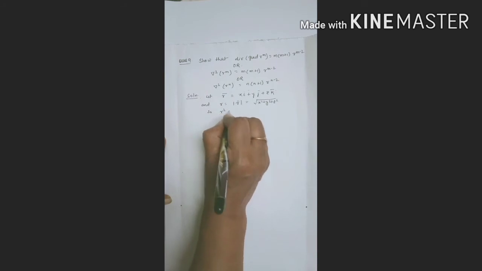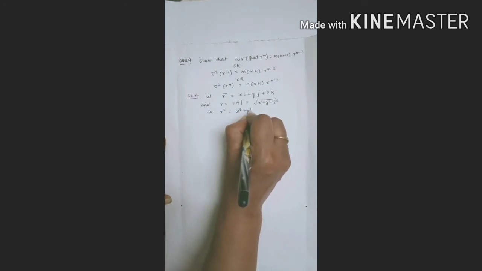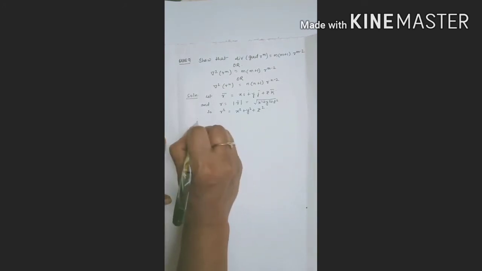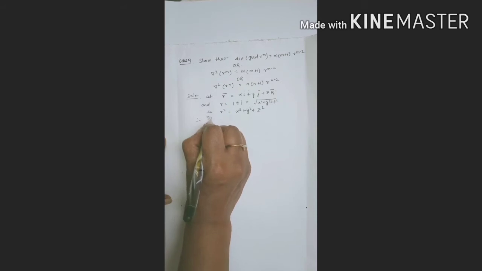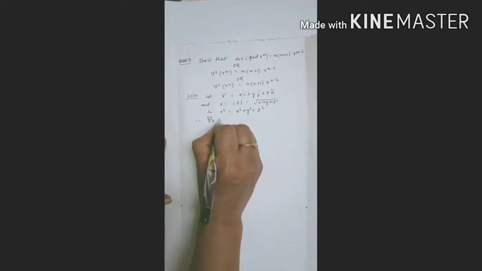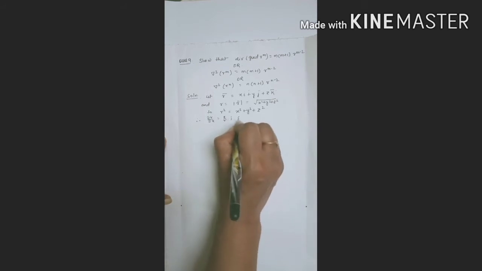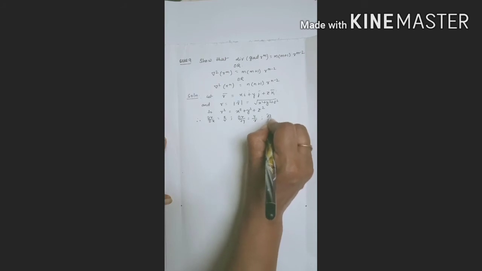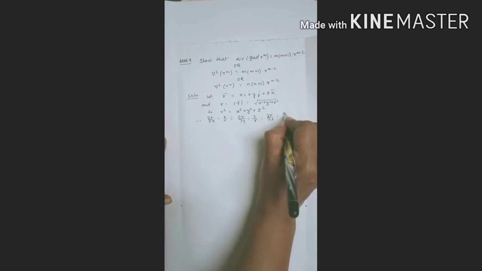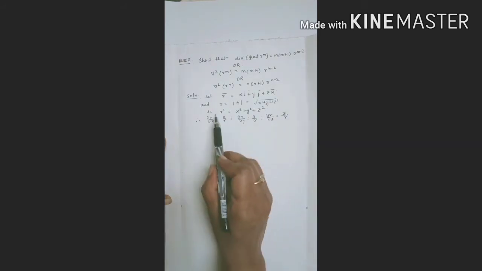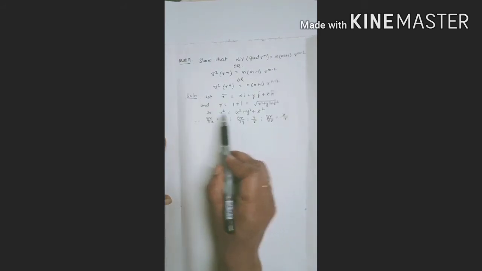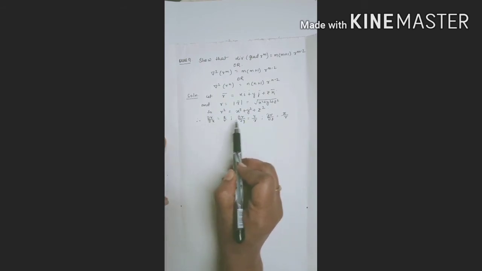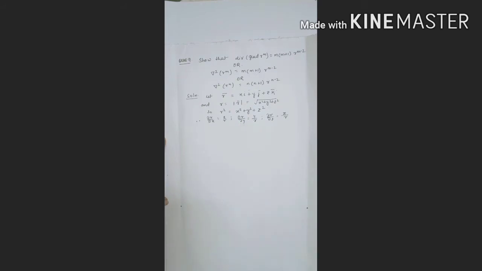So you have r square is nothing but x square plus y square plus z square, and therefore you have del r by del x is equal to x by r, del r by del y will be y by r, and del r by del z will be z over r, right? 2r del r by del x will be 2x. So 2 and 2 will be cancelled, and you will have del r by del x equal to x by r, del r by del y equal to y by r, and so on.